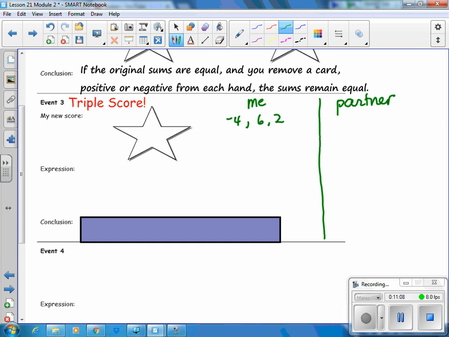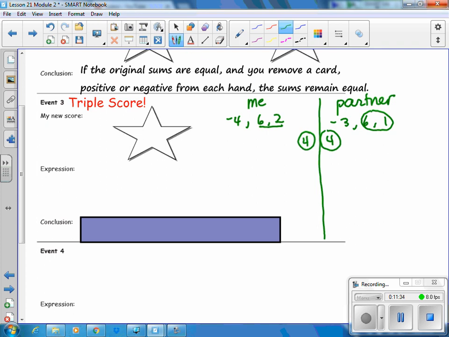And your partner's cards are -3, 6, and 1. So figuring out your score, we've got 8, and 8 plus a -4 is 4. Then your partner's score, 6 plus 1 is 7, and 7 plus -3 is 4. So even though you have different cards, you have the same score, so it is tied.